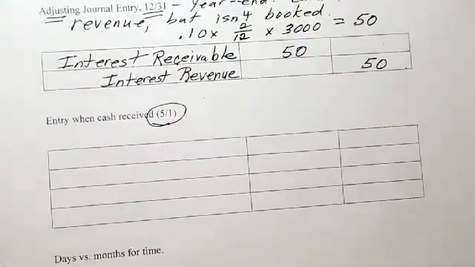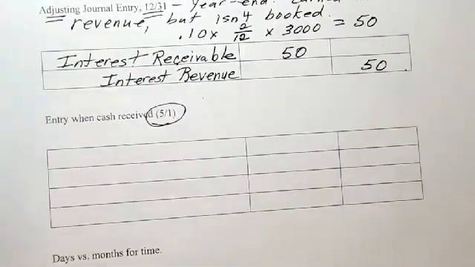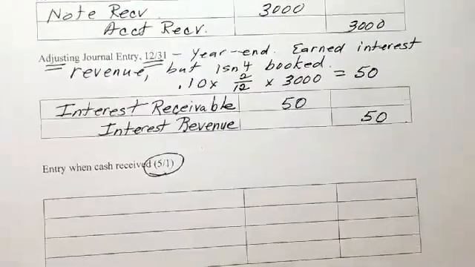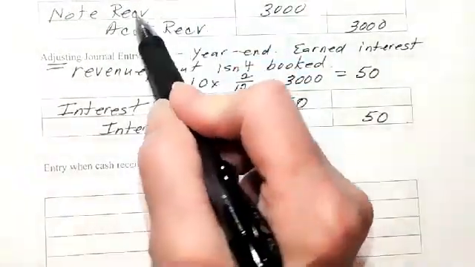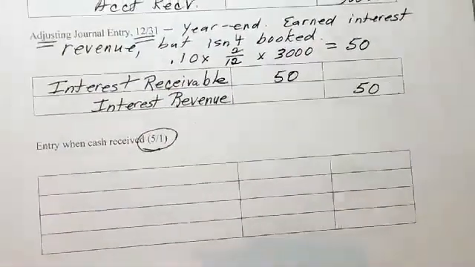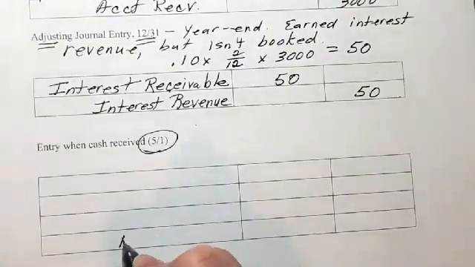Then when they really pay me, life's a little bit more complicated. And there's a couple different ways to do it. I'm going to do it in one journal entry. What has to go away? This note receivable has to go away. So to get rid of the note receivable, I'm going to credit it.